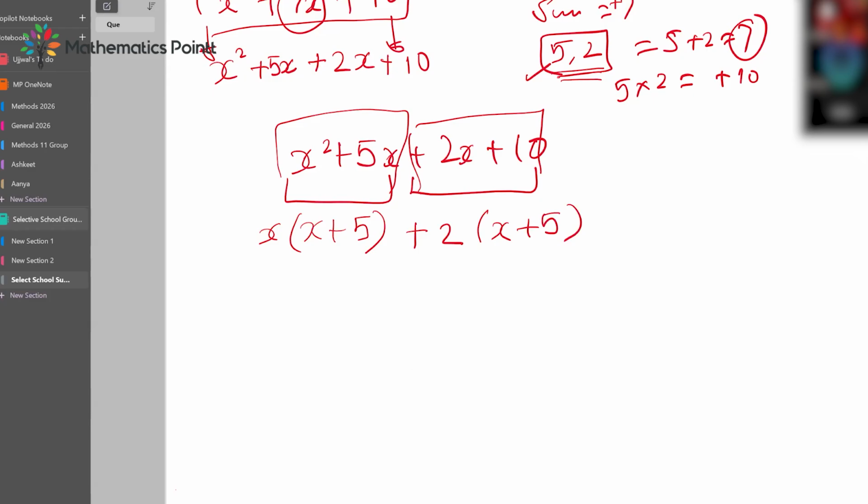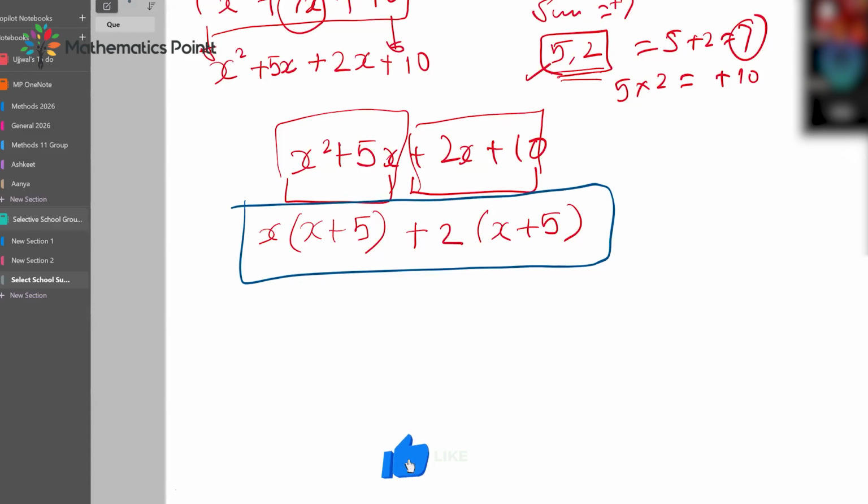Now, I ask a question to you. Look at this stuff that I've just boxed. Tell me what is the common factor out of this and this. What's common in between them? No, Sakita, it's not 5. It's x plus 5. No, Shaba, not x. You've got x plus 5 here, and you've got x plus 5 here.